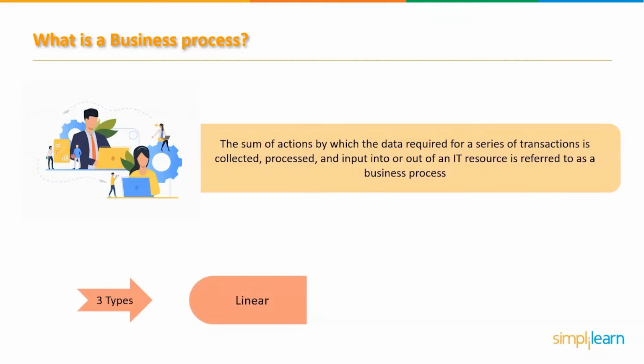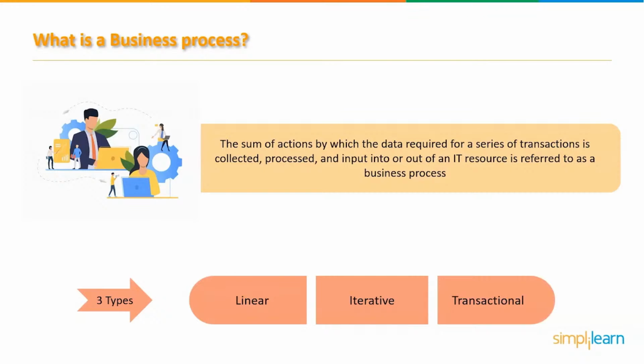The steps of a linear process are only done once, and if different data needs to be processed, the automation must be run again. Iterative. The steps of an iterative process are repeated several times, but different data items are used every time. Transactional. Transactional systems, like iterative processes, have steps that replicate several times over various data objects.